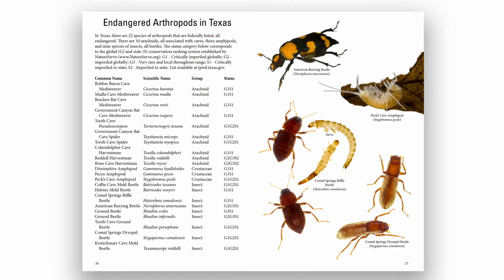We're both strong advocates of conservation, so we included a section on endangered arthropods in Texas. There are a number of them, especially associated with caves, and so there's some information and photographs on some of those.